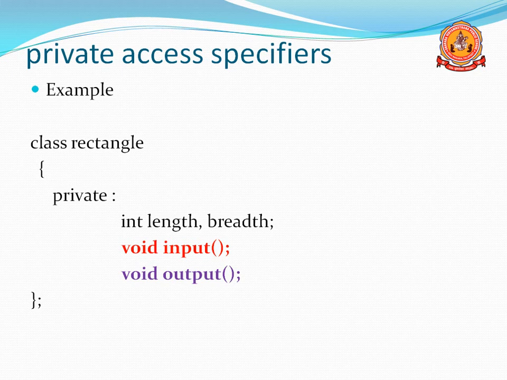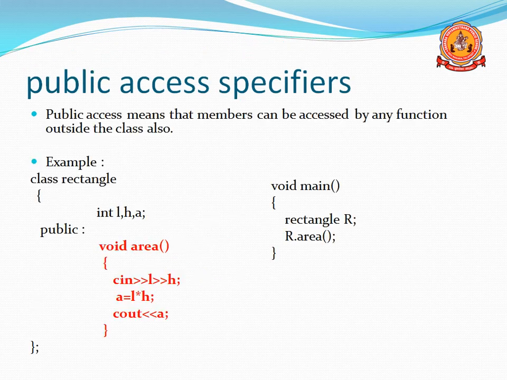We took the class as rectangle and I declared the private access specifier, and inside that length and breadth and two functions, input and output. Remember, if you are not mentioning any access specifier, by default it is private, but here I mentioned it. The two data members and two functions, the functions are also private and the data members are also private.